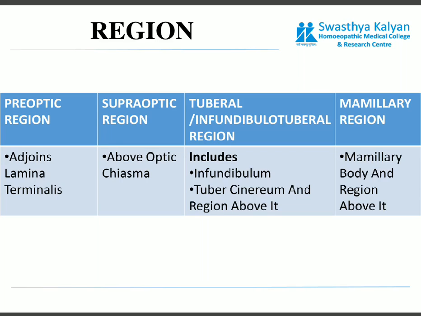So the entire hypothalamus is divided into four regions: the preoptic, adjoining the lamina terminalis; the supraoptic, above the optic chiasma; the tuberal region or the infundibulotuberal region, which includes the infundibulum, the tuber cinereum, and the region above it; and the mammillary region, which is the area above the mammillary body.